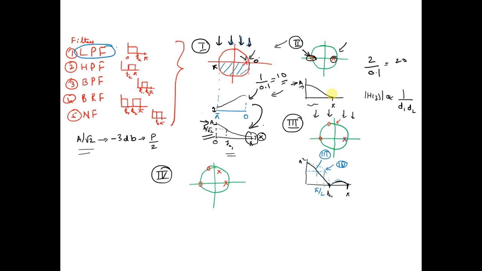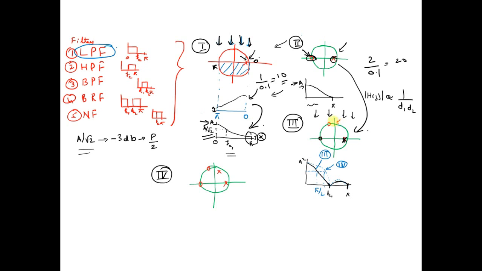Okay. Now, second thing, suppose you want a lower cutoff. Now, what will you do? Suppose you are having one filter over here. I am just developing from here only. One pole over here, one zero over here, but I want a sharper cutoff such that, say, my cutoff frequency is available at pi by 2.